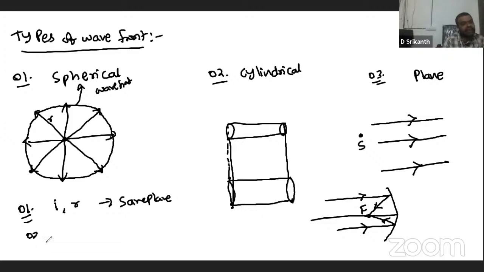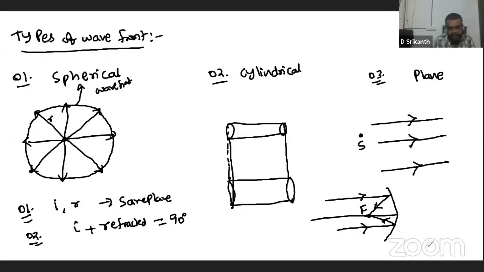And the second one: the incident ray is perpendicular to the refracted ray, that is, the angle between them will be 90 degrees. Like this you have the properties. Depending on this, Huygens explained that.